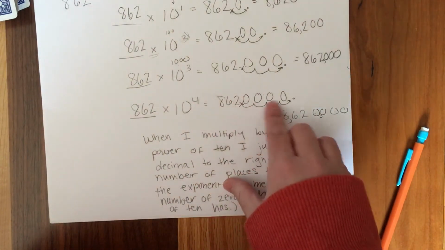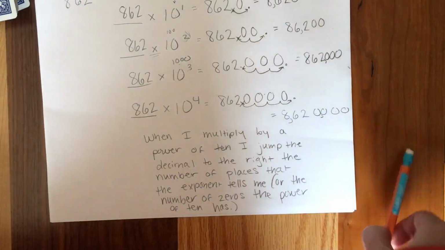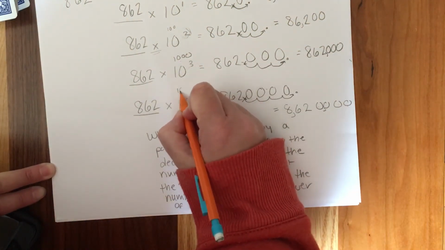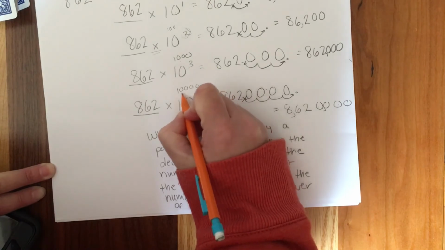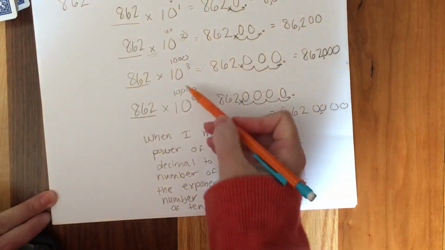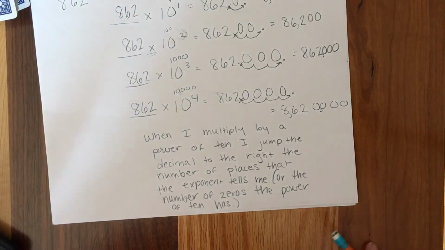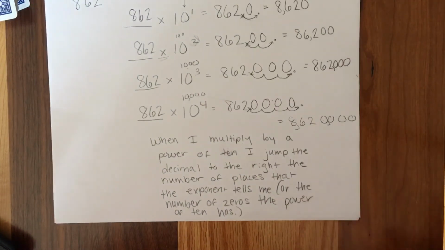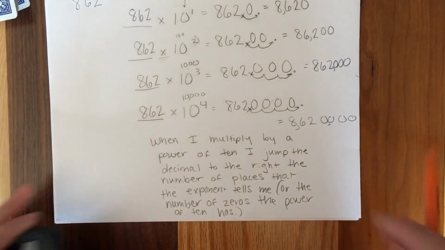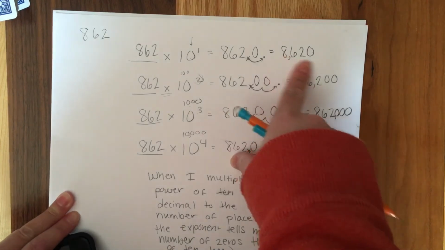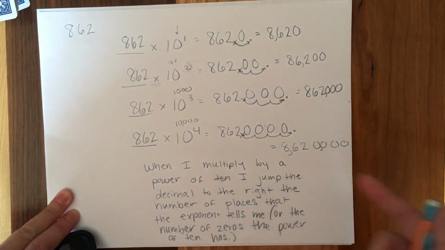Here we jump 4 times to the right because it's 10 to the fourth, and 10 to the fourth in standard form is just 1 with 1, 2, 3, 4 zeros after, so it's 10,000. So there's 4 zeros, we jumped 4 places to the right. When you're multiplying by a power of 10, you're making the whole number bigger. So that's why we went from 862 to 8,620, because we're making it bigger.